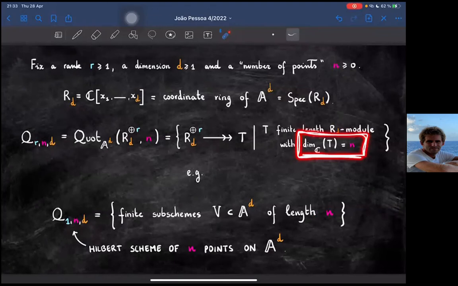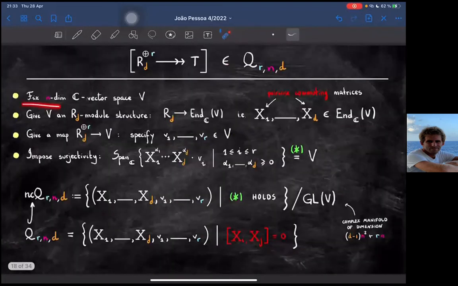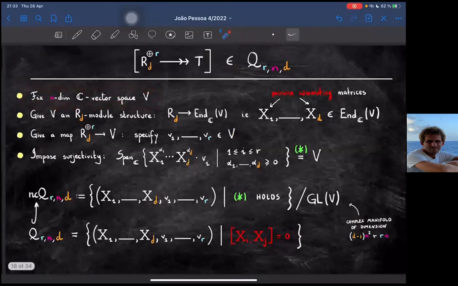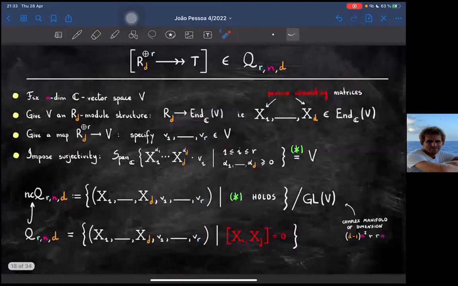Here we have a vector space over the complex numbers of dimension n. So let's pick this first. So we fix an n-dimensional vector space. But we required that this should also be an R^D module, a module over the polynomial ring, because we were looking at R^D linear surjections. So we have to give this vector space a module structure.